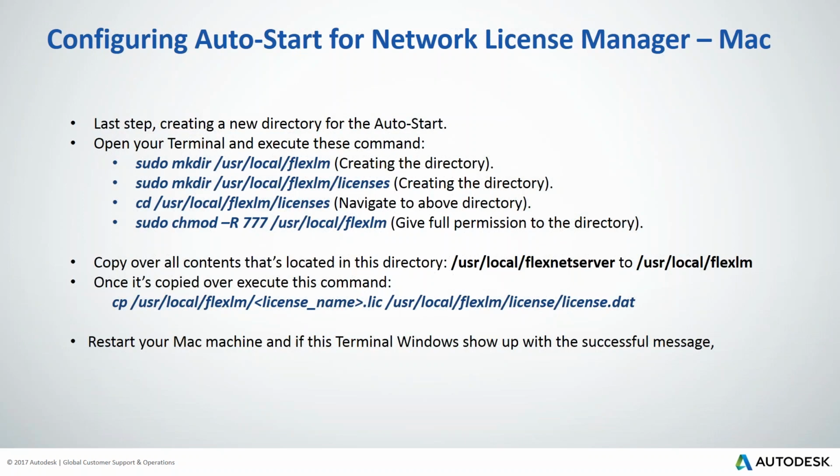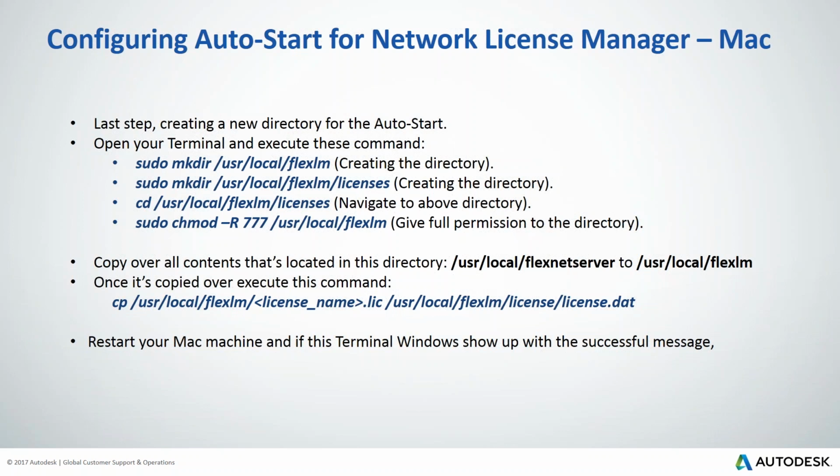Once everything is set up, the last step will be creating the new directory for this auto start process. So you can open your terminal again and execute these 4 commands. We are going to create a new directory for license auto start. So you can create /usr/local/flexlm, and another folder will be licenses.